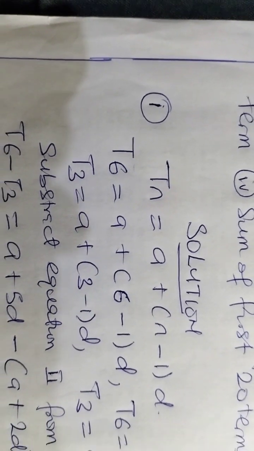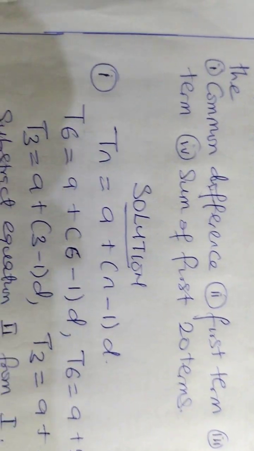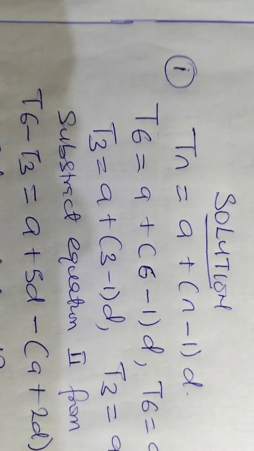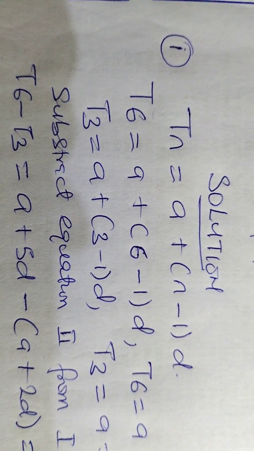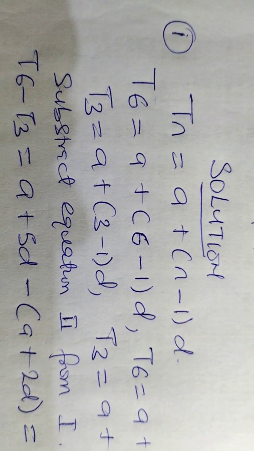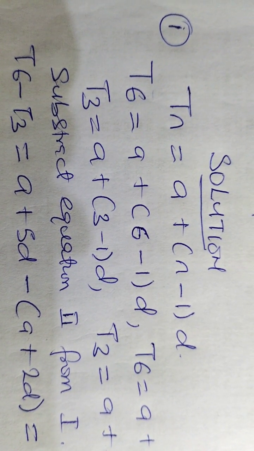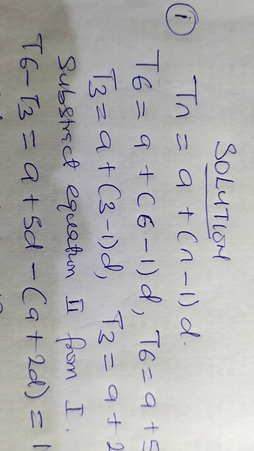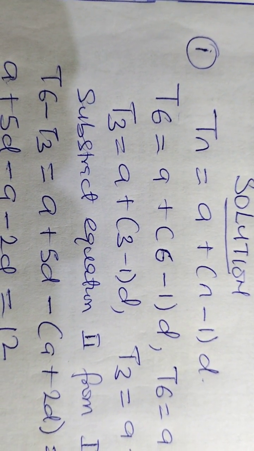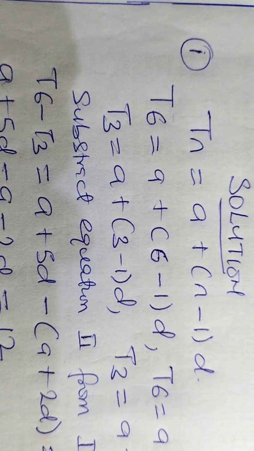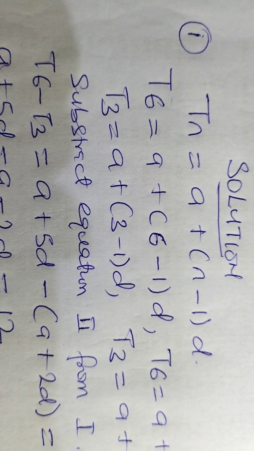We'll look at the first question, the common difference. The nth term, Tn, of an AP is given by A plus (n minus 1) D. Then the sixth term, T6, equals A plus (6 minus 1) D, where n is now 6.